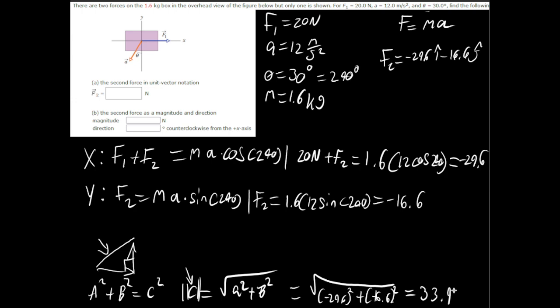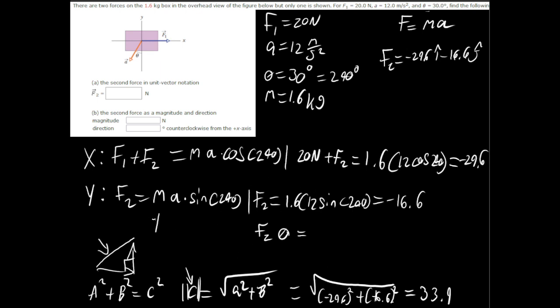And lastly, it says what direction. So we need to find theta of F2. And we know the x and y. So what we can do is we can do inverse tan to find this.